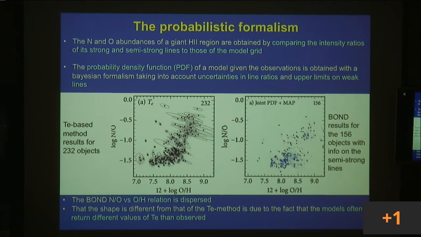So you see that it is dispersed similarly to this one. And the shape is different from that of the temperature-based method. You see roughly the points are towards higher metallicities. And this is due to the fact that very often models don't return the same value of the temperature that is measured.